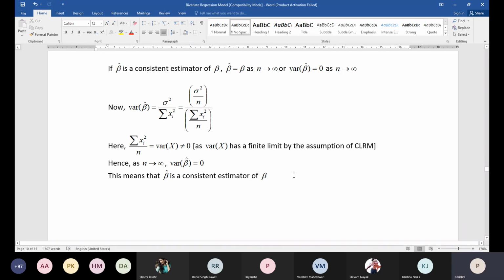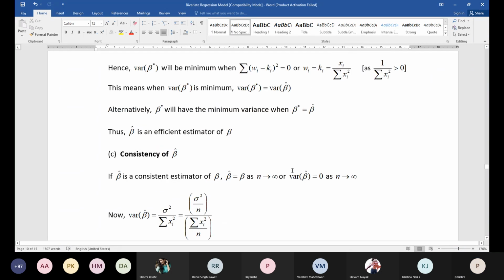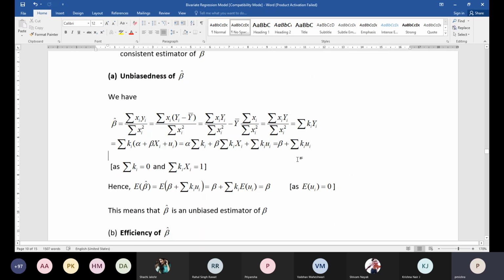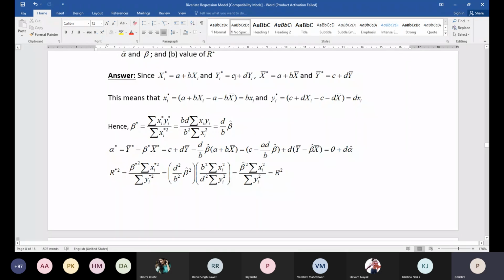Remember, in one of the classes, we discussed only up to this. We are changing origin and scale of the two variables, x and y, and we try to understand how the OLS estimator of the slope changes, how the OLS estimator of the intercept changes, and what is the impact on the value of R square.